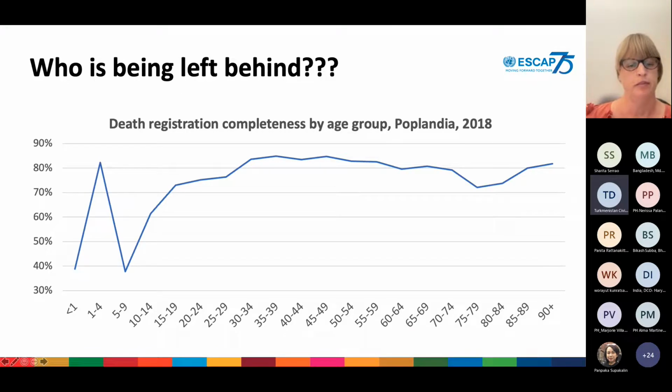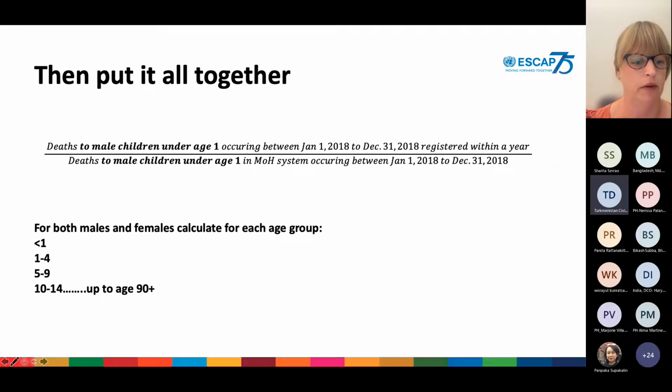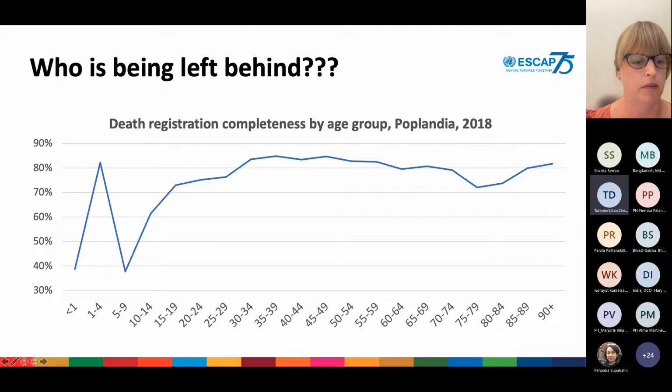And so I looked at the completeness and I graphed it for these different age groups. Again, we're looking at 2018. And already we're seeing, again, some more policy implications. So we can see that those left behind are these young children, these infants under age 1. The registration is very low.